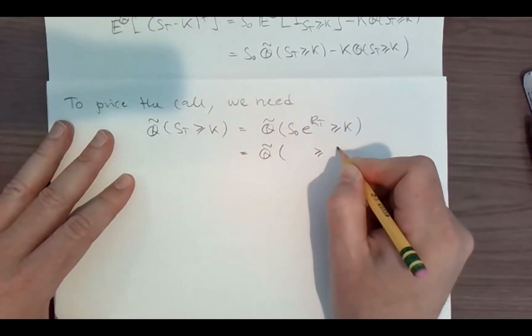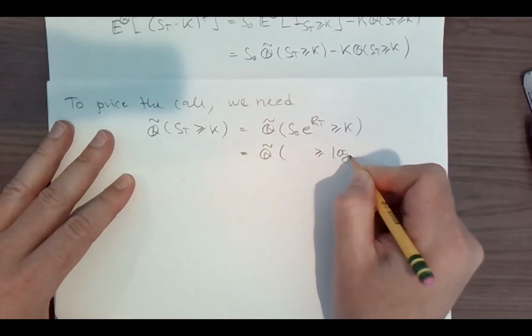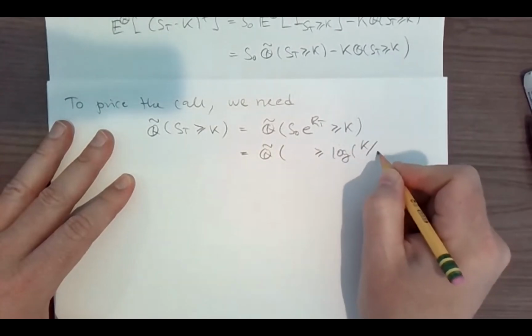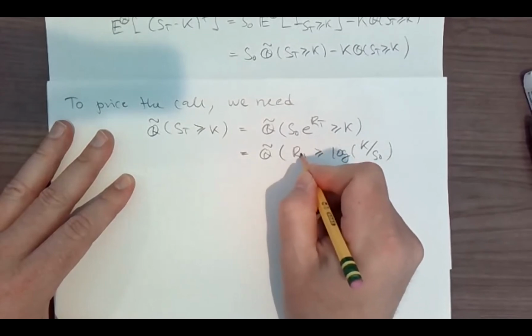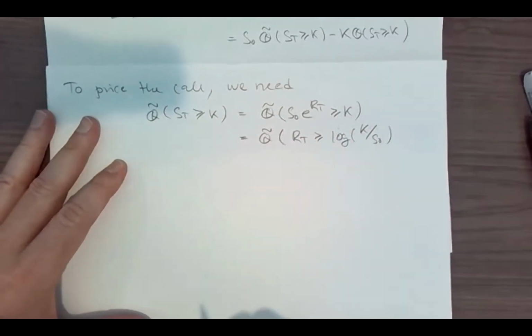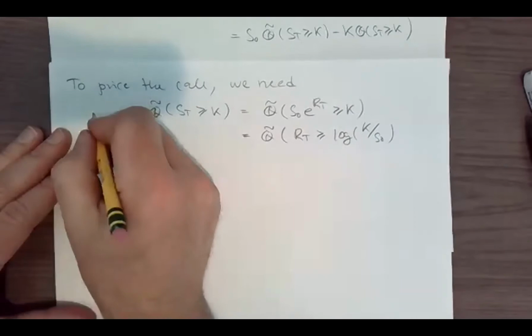So we'll have log K over S naught, and then you have R_T here. So we need this. So that's one thing we need.